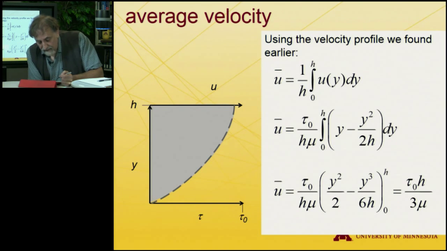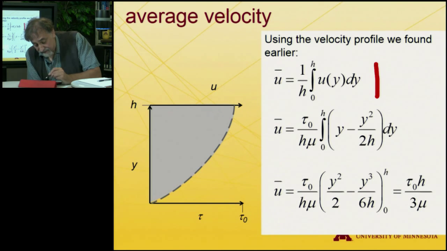Okay. So now we're just going to do the math and substitute in. We have our velocity profile. We said that the way to find the average velocity was to integrate the velocity over the whole domain, over the whole depth, and then divide by that depth, so that's there. I've just put the velocity in here and integrated it. So this is the velocity profile that we derived earlier.